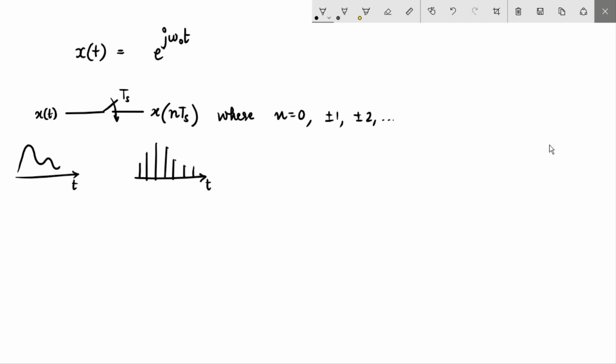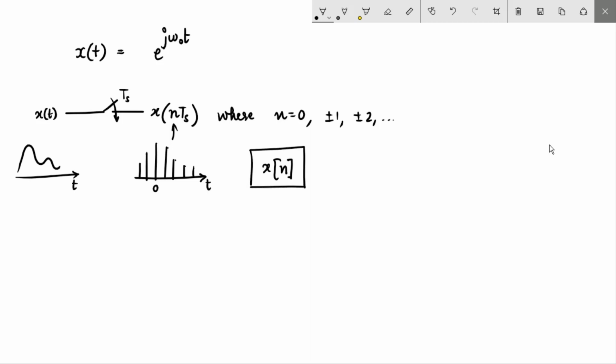Now, if we were to eliminate Ts and simply express it as a discrete time signal, we could call it x(n), and this is how a continuous time signal becomes a discrete time signal, right? From x(t), we took equally spaced samples, and if the sampling period was immaterial, we could identify the signal completely in terms of its sample number, and we started calling it x(n).